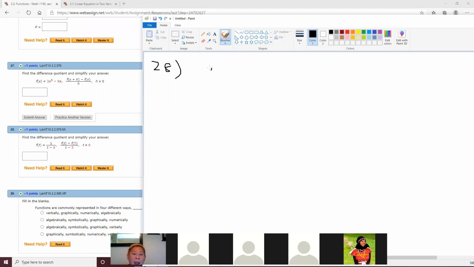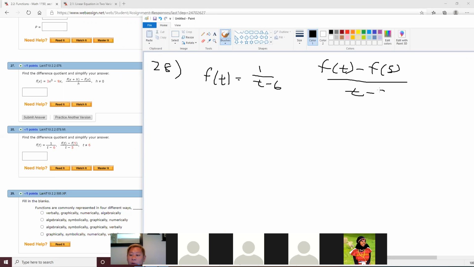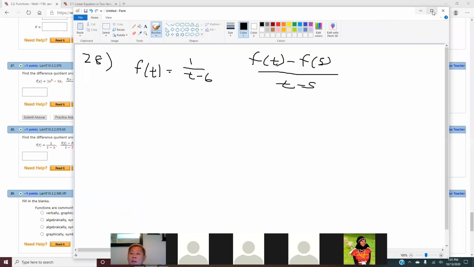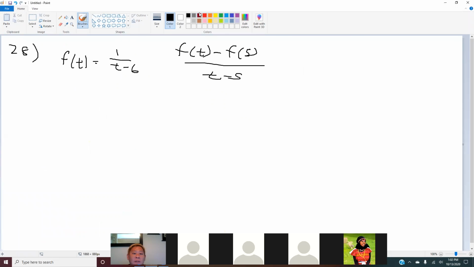is given to us by f(t) equals 1 over t minus 6. In this case, the question is asking us to find f(t) minus f(5) over t minus 5. We know f(t) already: f(t) is 1 over t minus 6.